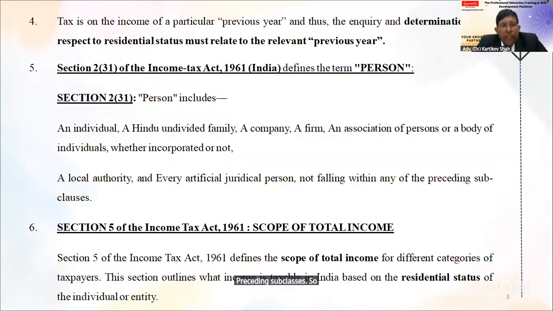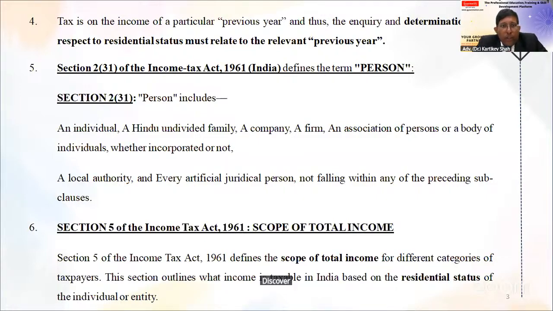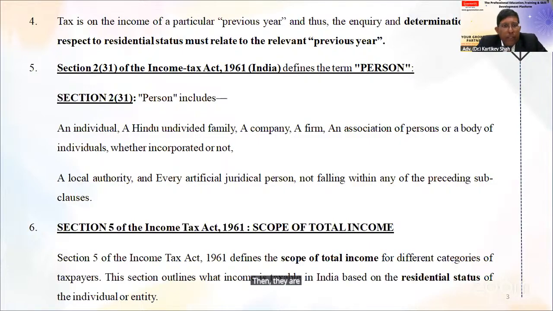So international taxation is not limited to any individual. It is levied on the person, and person includes individual, Hindu undivided family, everything is covered. So all these entities, whenever they earn any income from another country, are liable for international taxation.